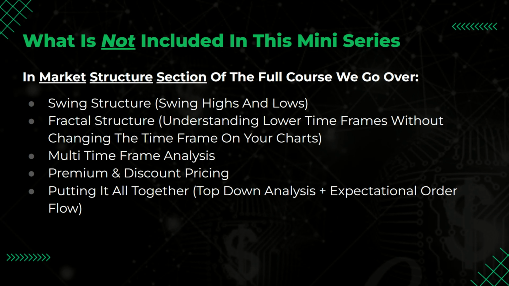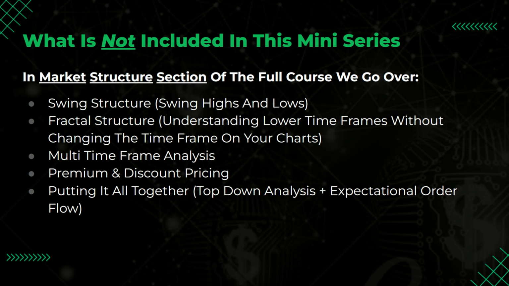And so here are a few topics I do cover in my full in-depth course, and I just want to be transparent that these are left out of the mini series. You don't necessarily need to know this, but knowing this information will help you take your trading to the next level. So there is more to this than the basic course. In the full market structure section of my course, I go over swing structure, understanding swing highs and swing lows, fractal structure, which is understanding lower time frames without actually changing the time frame on your chart, and also multi-time frame analysis and combining those two points together.